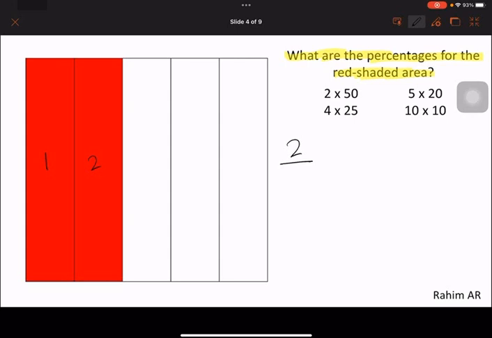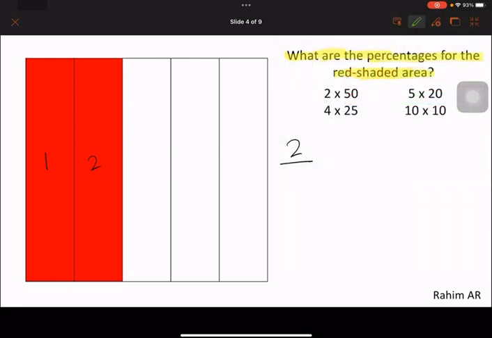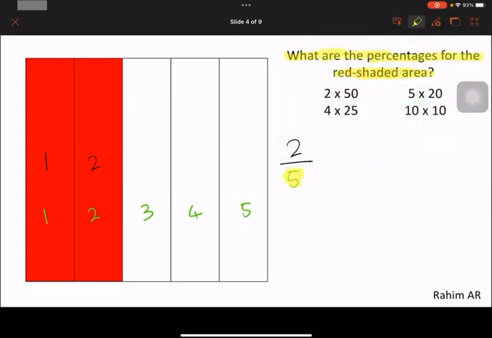Now we go to the denominator. For the denominator, I will choose green color: 1, 2, 3, 4, 5. Now we have 5 for our denominator. 2 over 5. As you can see here, the denominator is 5.